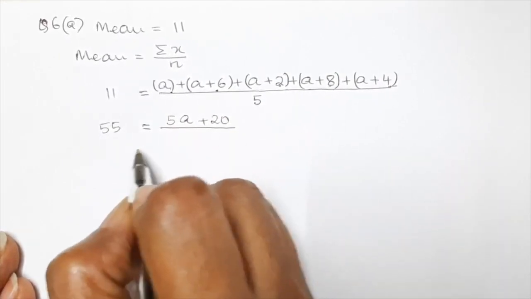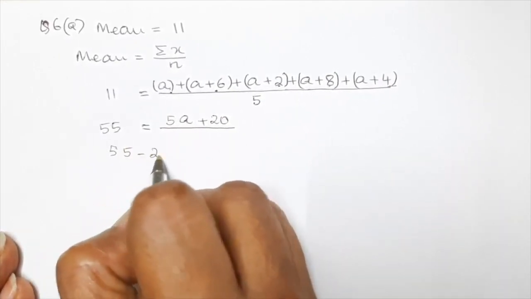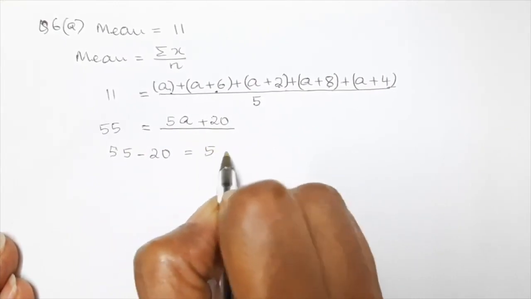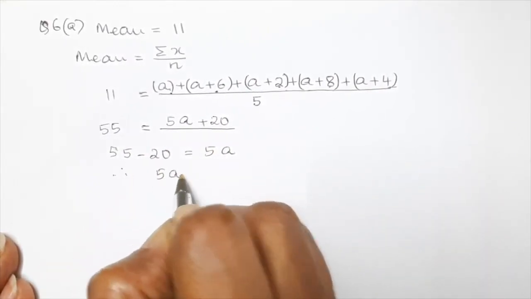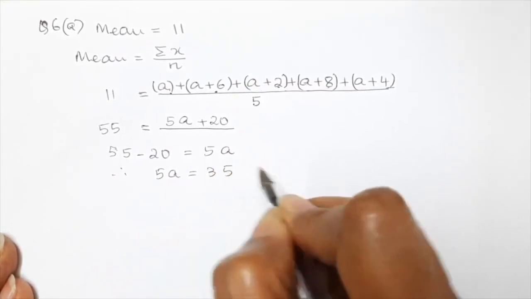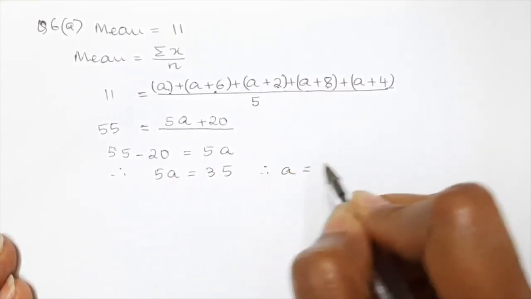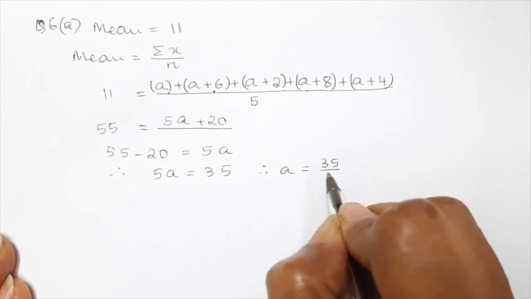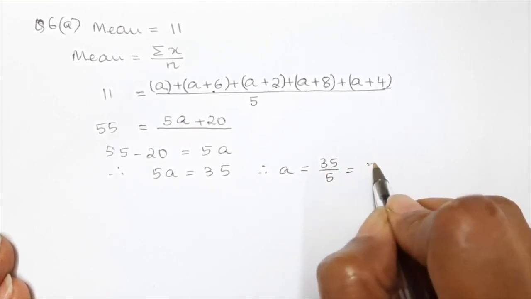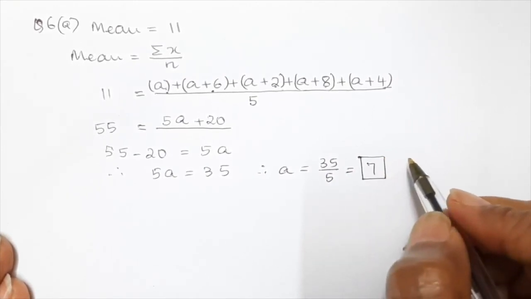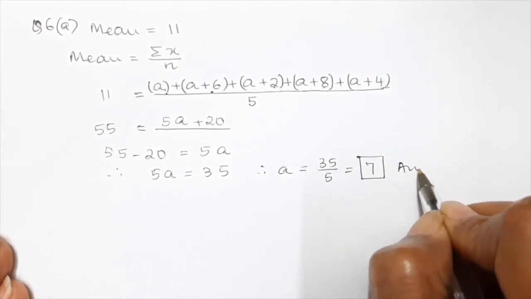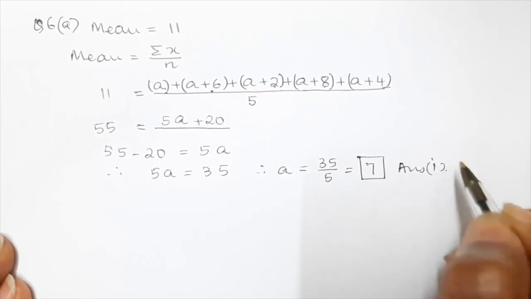Okay, then we will have 55 minus 20 is equal to 5A, and that will give us 5A is equal to 35. Therefore, A is equal to 35 upon 5, which is equal to 7. So your A is equal to 7, and that is our answer 1.